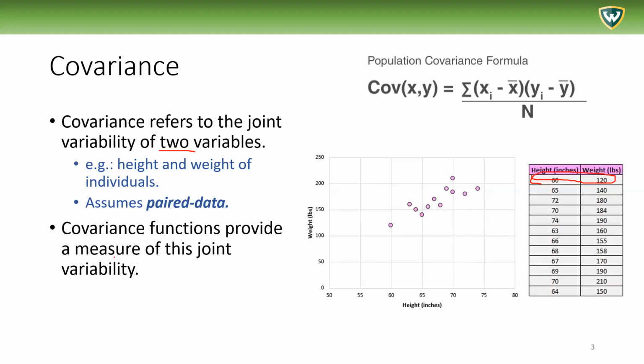Covariance functions provide a measure of this joint variability. So the function or the formula provides a measure of this joint variability. And here's the formula. It's pretty straightforward, actually.